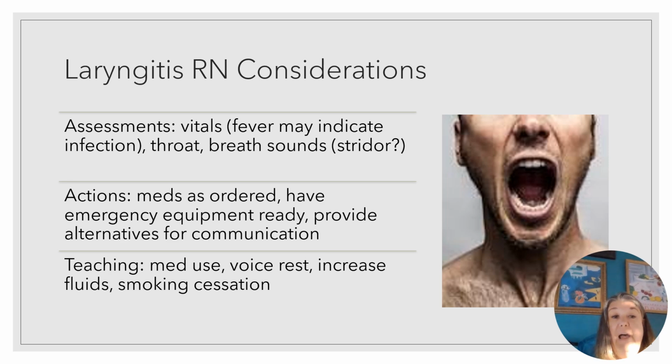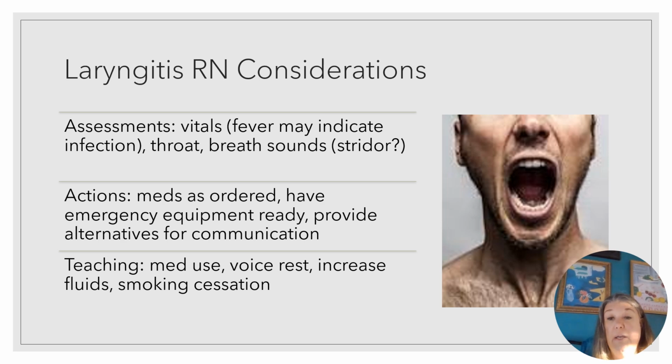After you extubate someone, so you remove an ET tube, that whole area can be really irritated. People can have laryngitis after you extubate an ET tube because that plastic tube has been in there irritating that whole area.